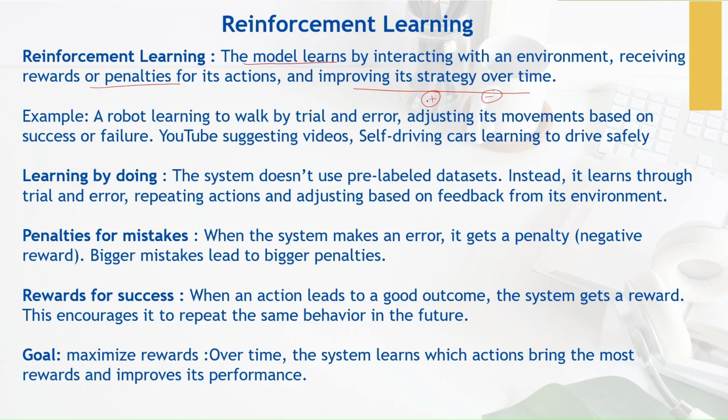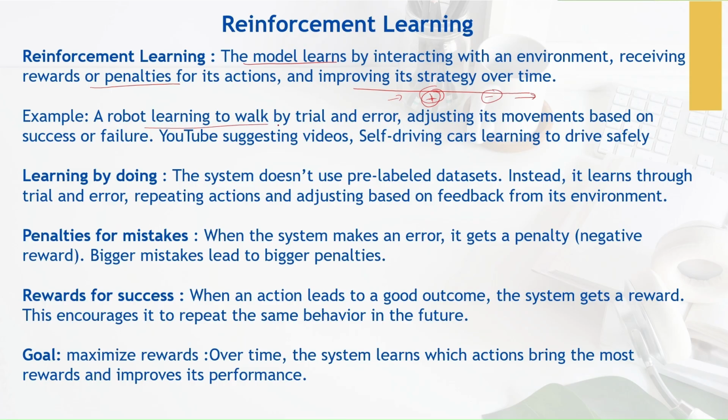Okay, if it is getting good reward points, then it understands that its behavior is correct. But if it is getting more penalties, it understands that it has to make corrections, and then it changes its behavior. And finally, the goal is to maximize the rewards. So over a period of time, based on this learning, it will get itself better. The performance will get better over time. So that is nothing but reinforcement learning.